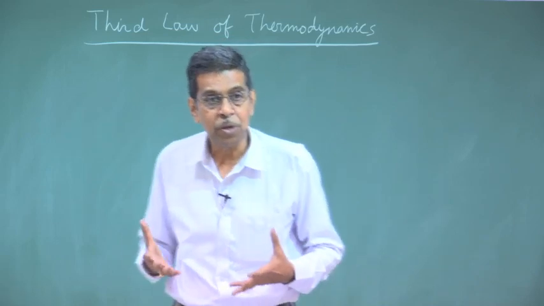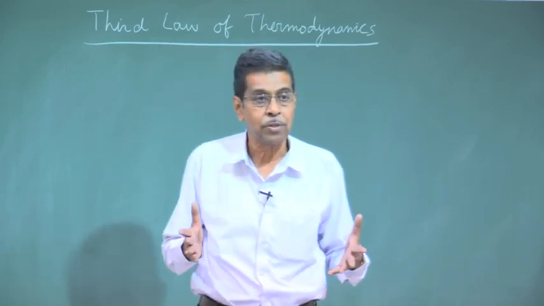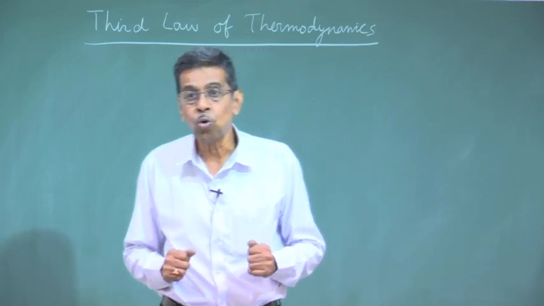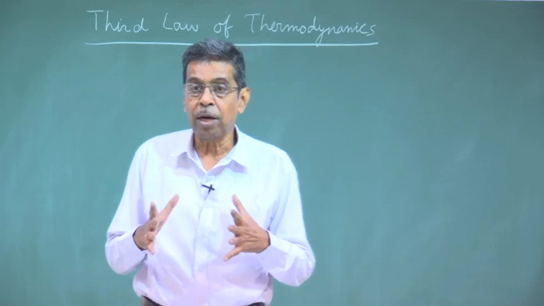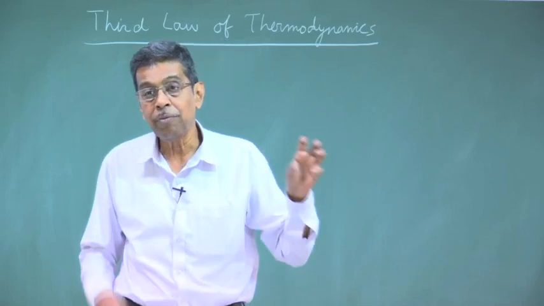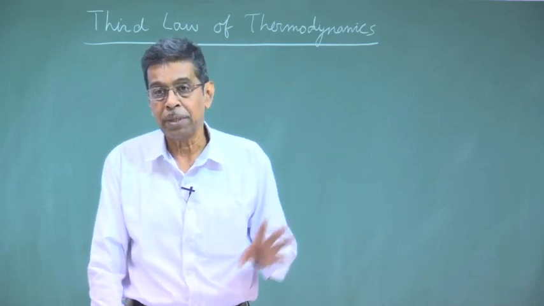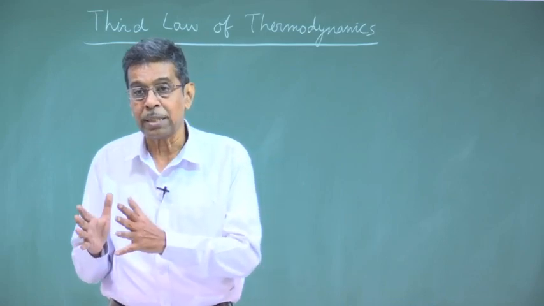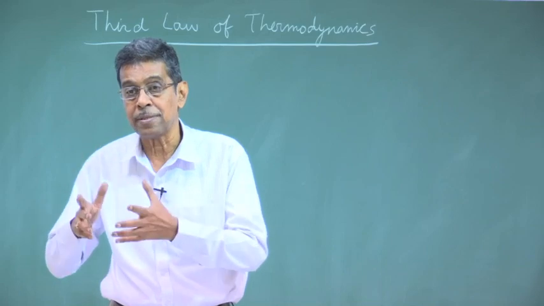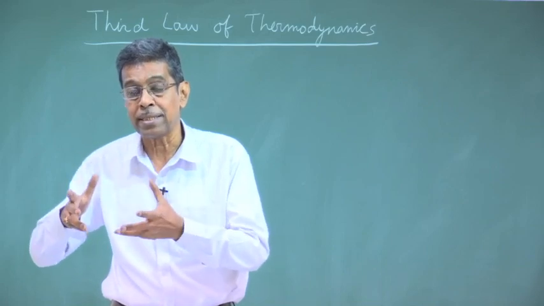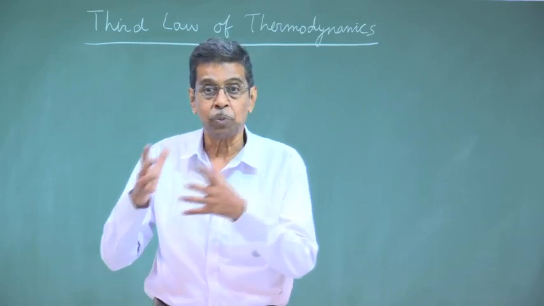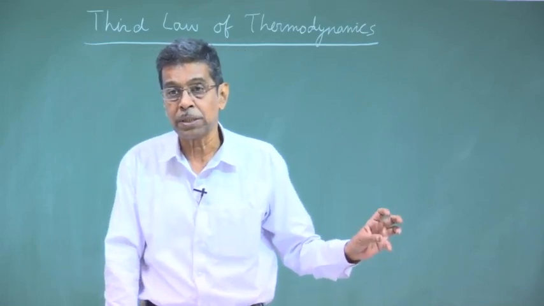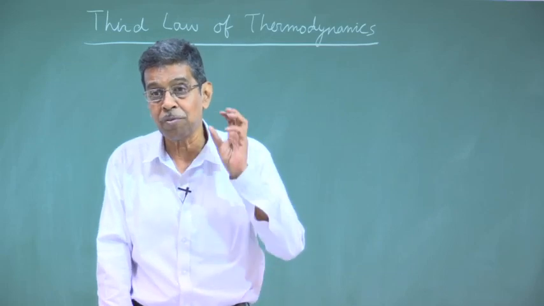Because of this disorderedness or randomness of the molecular motions, it becomes difficult to predict a particular molecular configuration for a given macroscopic state. That means with this randomness, the predictability of molecular configurations or molecular positions, sometimes told as the microscopic state, becomes much less.